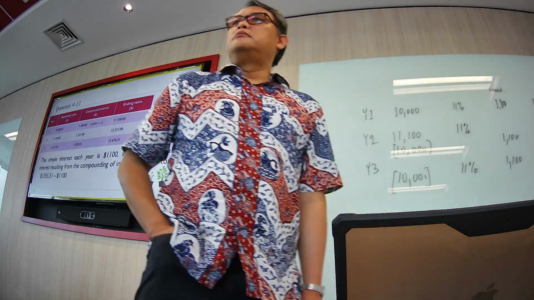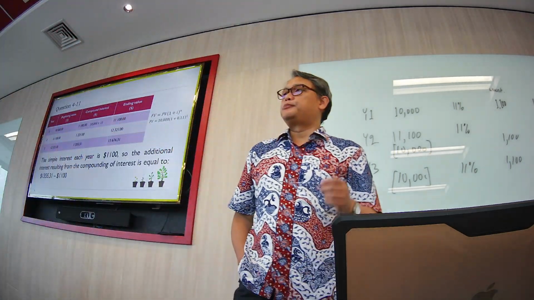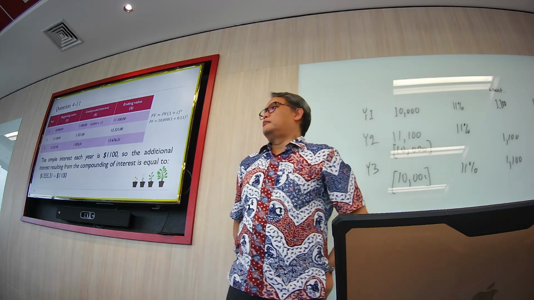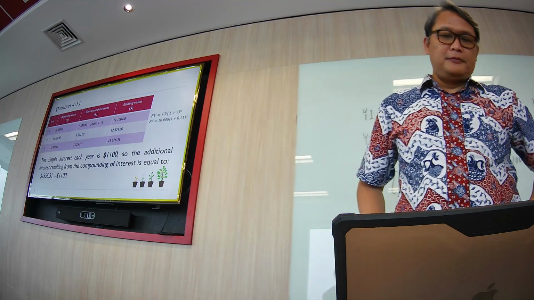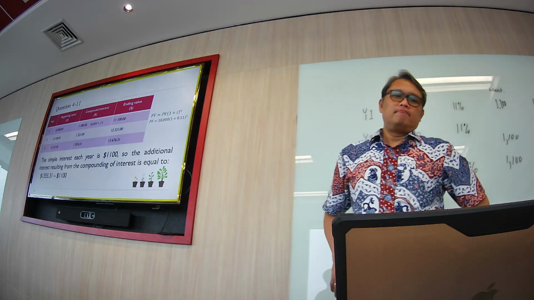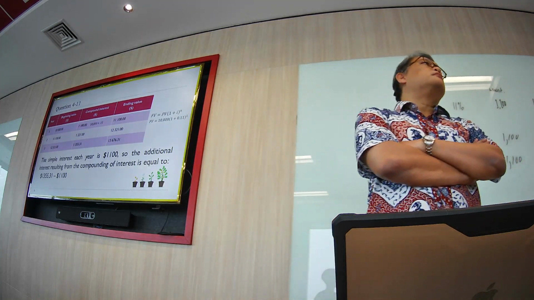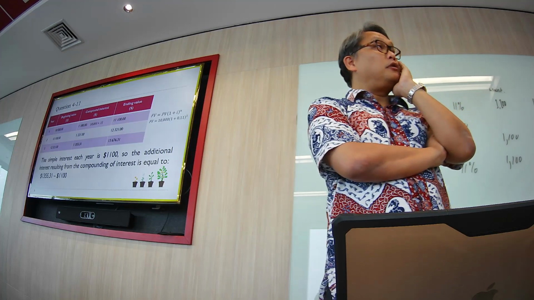All right, so this is the formula. Okay, so the compounded interest is 1355.31 total for 3 years.